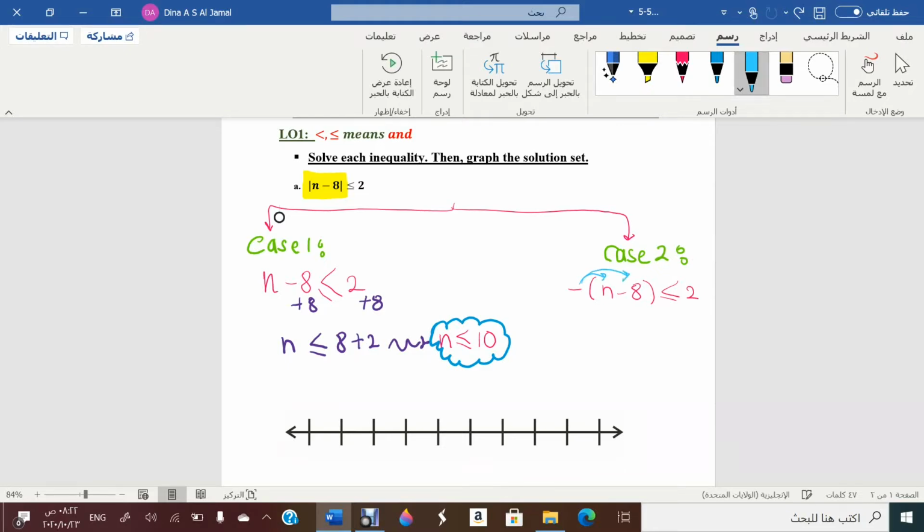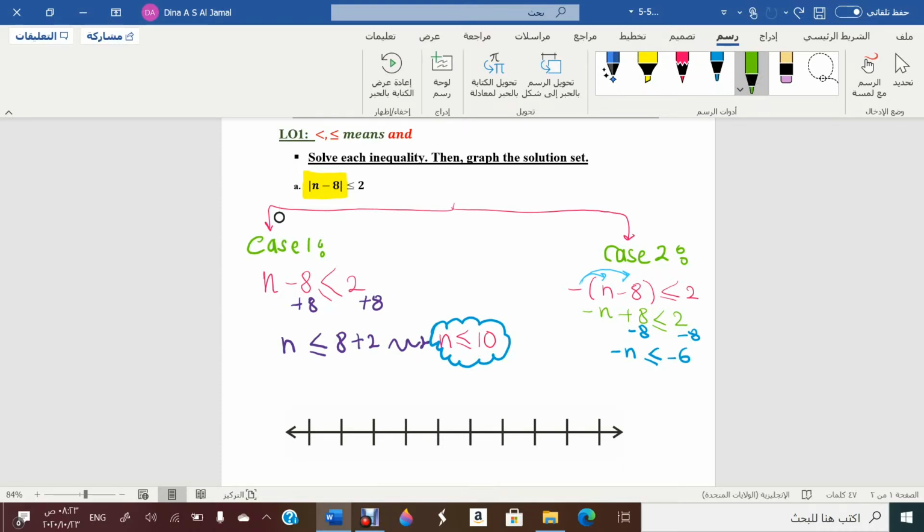Distribute the minus, then write it again. It will be minus n minus minus, it will be plus 8 less than or equal to. Then I want to get rid of the plus 8, minus 8, minus 8. So I will be left with minus n less than or equal minus 6.